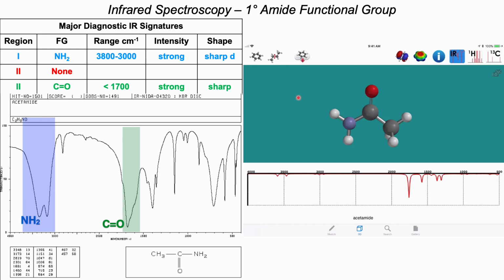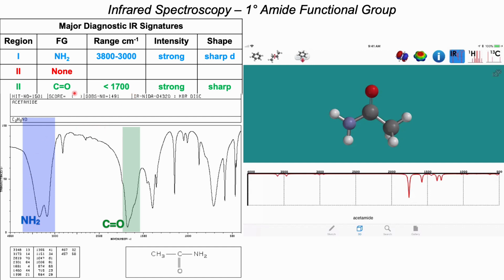Now we're looking at a carbonyl group with a nitrogen bonded to it, so a primary amide. And now in region 1, we're going to see the NH stretching, and so this is very broad and intense. There is a doublet-looking feature to it due to the 2 hydrogens bonded to the nitrogen.